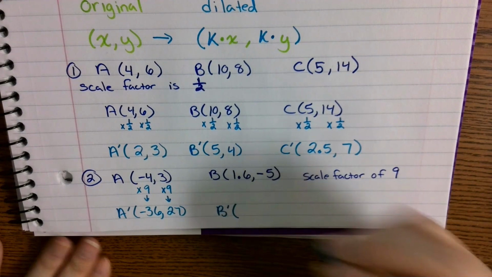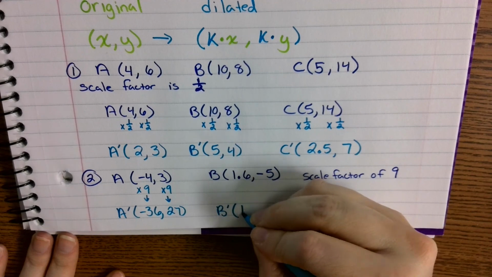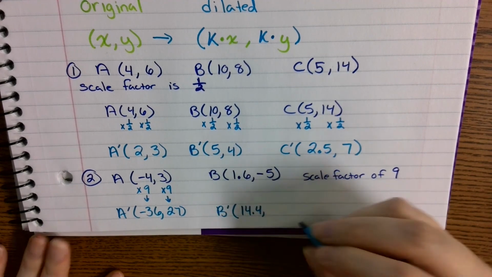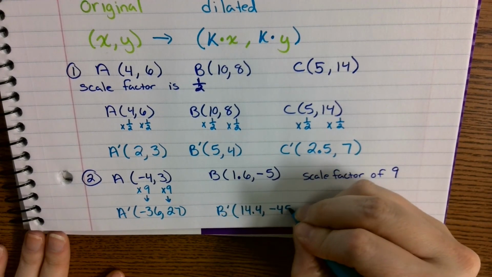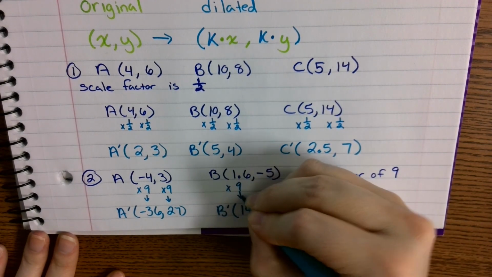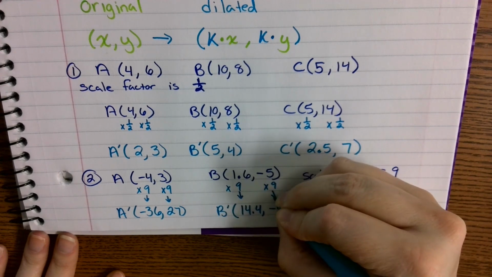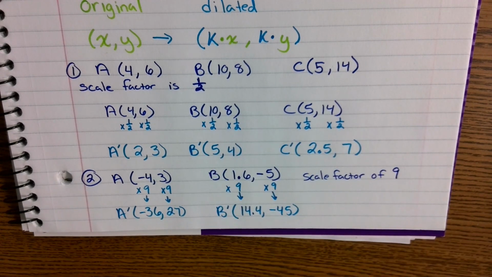B prime, what is that going to be located at, Hannah? Good, 14.4 and -45. 1.6 times 9 is going to give you 14.4, and then -5 times 9 is going to give you -45. And that's the basic idea of our dilations.